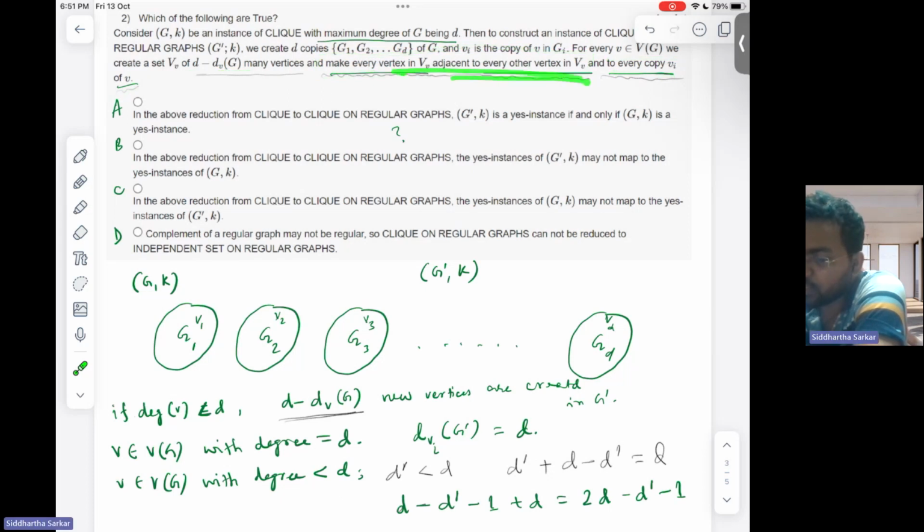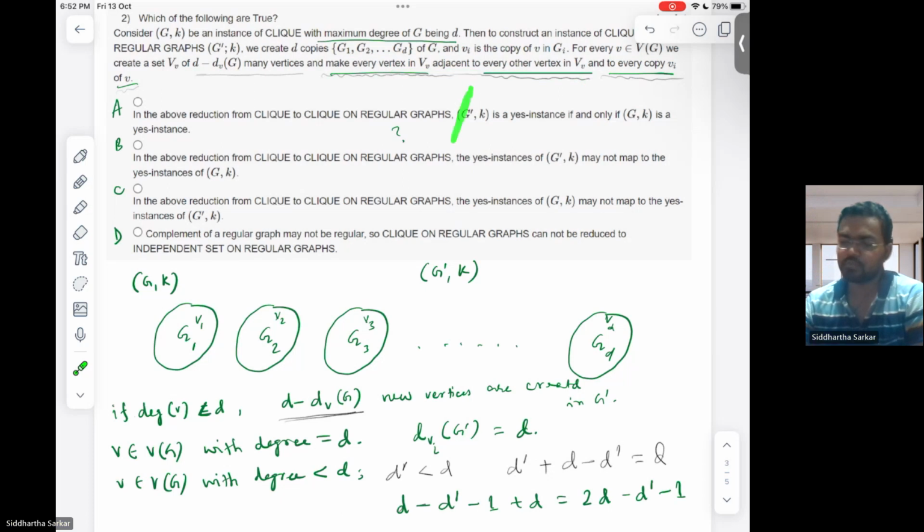So because of this statement, the graph may not remain regular. So G dash may not be regular. So this is an incorrect reduction, I believe.